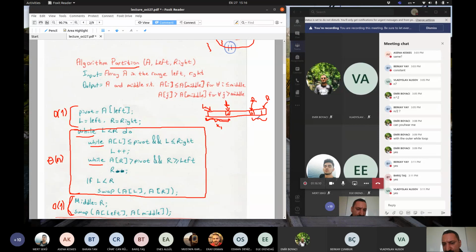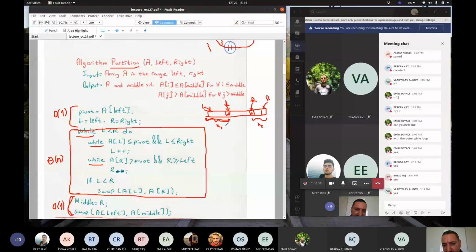Again, it is proportional to the number of elements it has seen so far, k2. We spend big O k2, where k2 represents the number of elements in here that we have seen so far. That's the running time spent by this second while loop until the while loop stops.